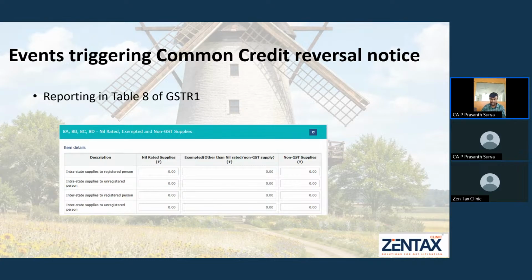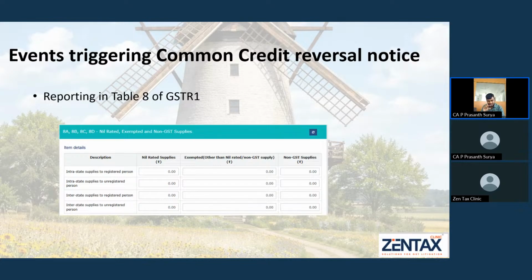So, what are the events by which you should know that the taxpayer has a common credit reversal? If he has reported anything in table 8 of GSTR 1. Table 8 of GSTR 1 talks about nil-rated, exempted and non-GST outward supplies. While performing GSTR 9 and 9C reconciliation also, we have a separate table called GSTR 1 summary in the annual return tab.